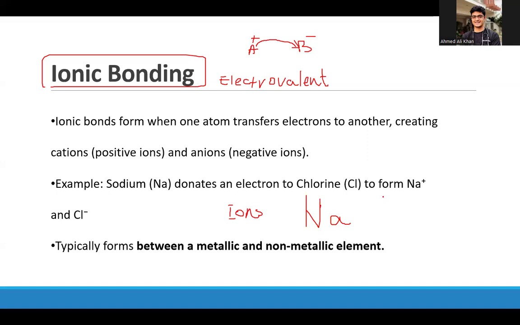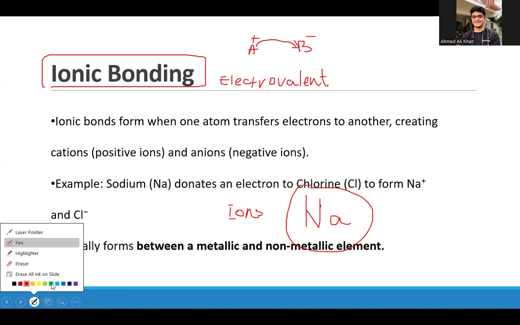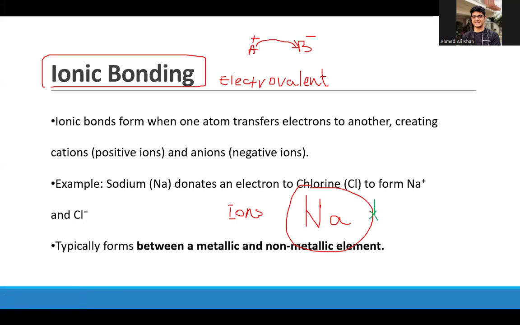So sodium will have one electron in its valence shell. So it's easier for sodium to just lose this electron instead of gaining 7 electrons, right? So when sodium loses this one electron, it has lost one negative charge, because electrons are all negatively charged.